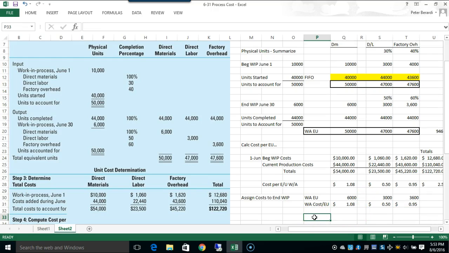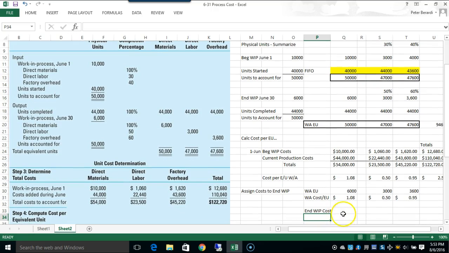So the ending WIP cost is simply 6,000 times $1.08, 3,000 times 50 cents, and 3,600 times 95 cents.